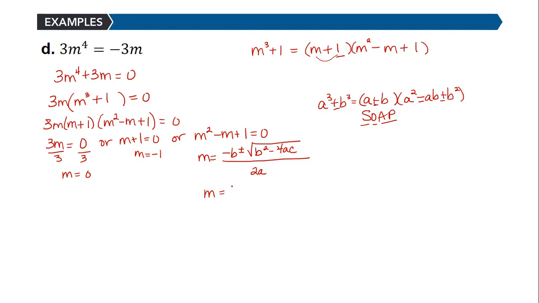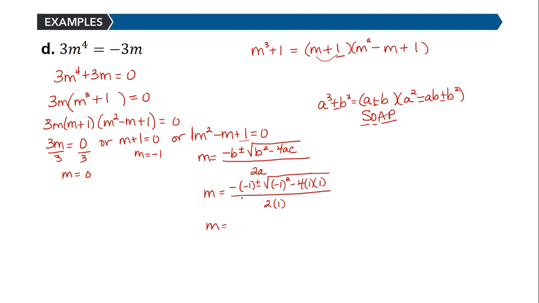So m would be the opposite of, our b value is this coefficient of m, which is negative 1, plus or minus the square root of b again, which is negative 1 in parentheses squared, minus 4 times a is 1, and c is 1. And that's all divided by 2 times a again, which is 1.